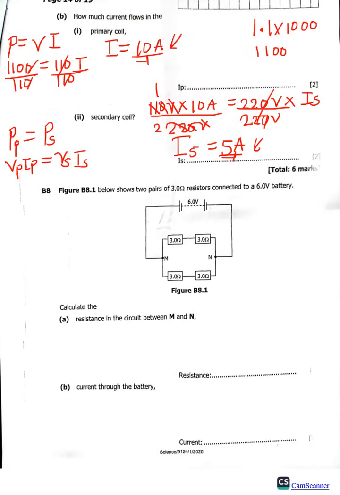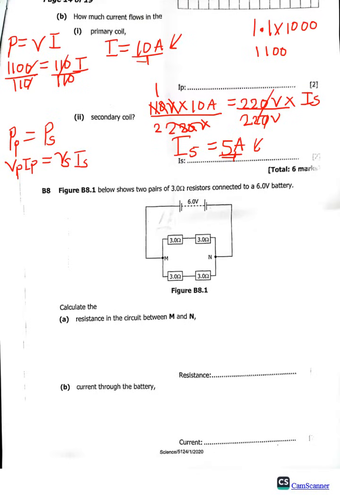So the current dropped by half. This is how the calculation is done. This type of transformer is a step-up transformer because the input voltage is less than the output voltage. Now let's move on to the next question.